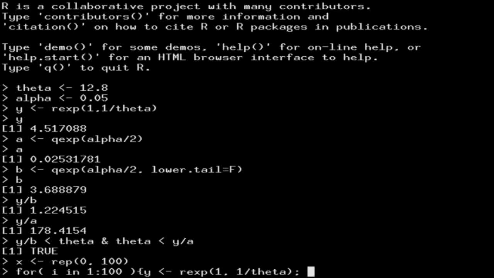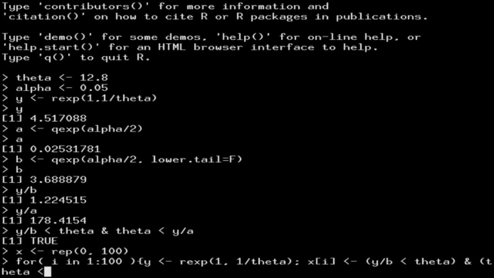We're taking one sample with parameter 1 over theta. And now we want to see if this is actually right. And so for our ith value, we will let that be the answer to: is this a true statement? Is y over b less than theta, and theta less than y over a?